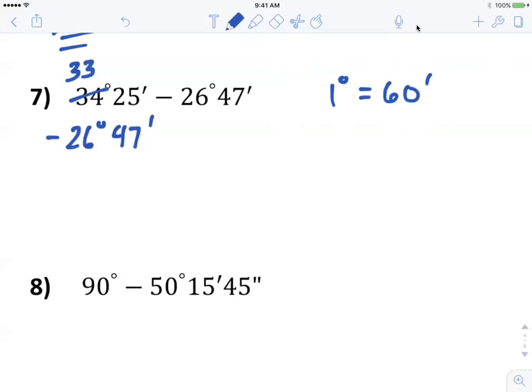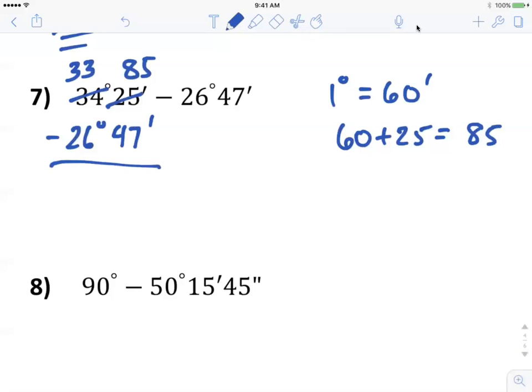So I'm going to carry this over and add that to that 25. 60 minutes plus 25 minutes is 85 minutes. So I can cross that out and make this 85. Really what you're saying here is 34 degrees and 25 minutes is the same as 33 degrees and 85 minutes.